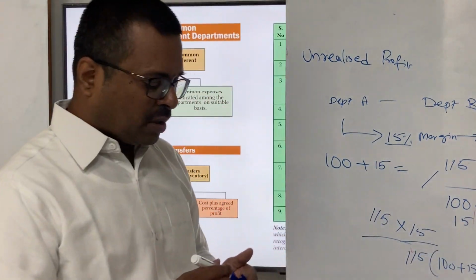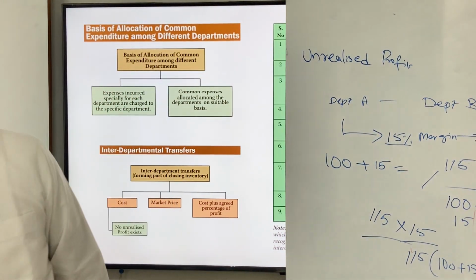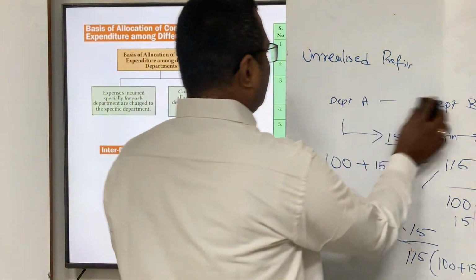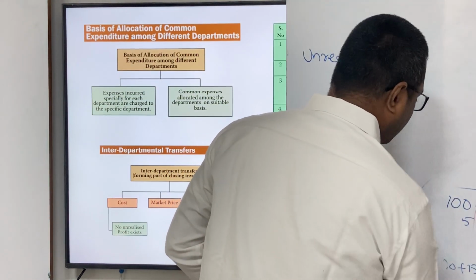Once you arrive at the stock reserve, you have to take two journal entries. What are the two journal entries?